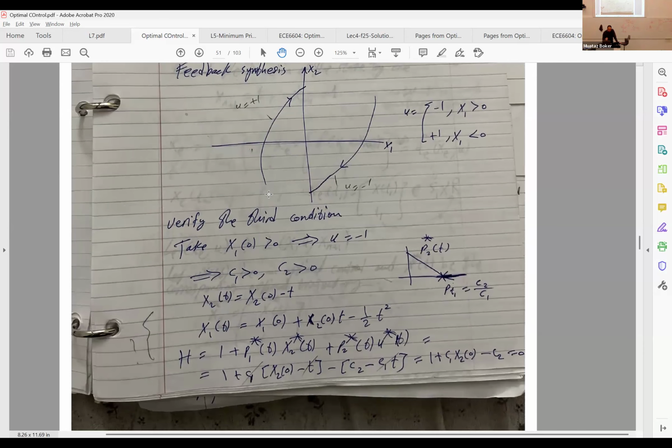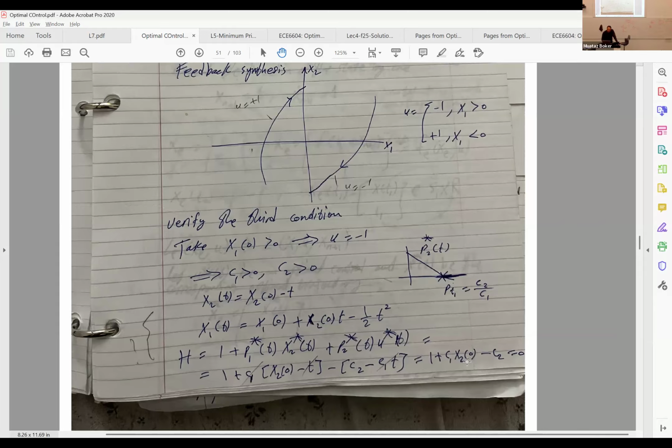Notice that we are able to do this in closed form because of the linearity of the equations. So substitute for P1, for X2 by this equation, for P2, and for U, in this case -1, and you will see that the Hamiltonian is equal to 1 plus C1 times X2 of 0 minus C2.